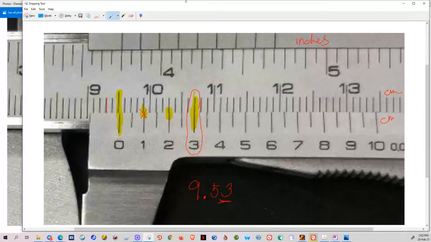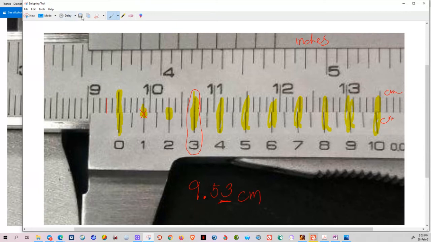Are we sure this is the only line that is straight? Yep. Look at 4, 5, 6, 7, 8, 9, even the 0 from here, which is 10. None of them is straight except 3. Only one number will always be straight. In this case, it's 3, so the last digit is 3, 9.53 centimeter.